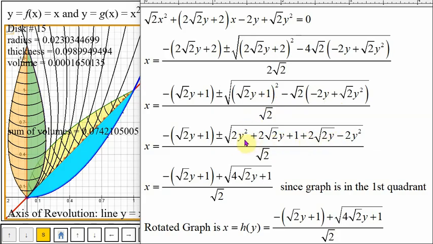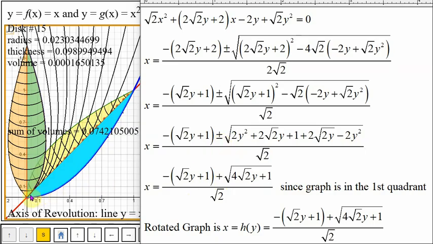Notice that the term 2y² and minus 2y² will cancel each other out. What's left is minus √2 y plus 1, and then plus 4 times √2 y plus 1. And here we have the plus and the minus.